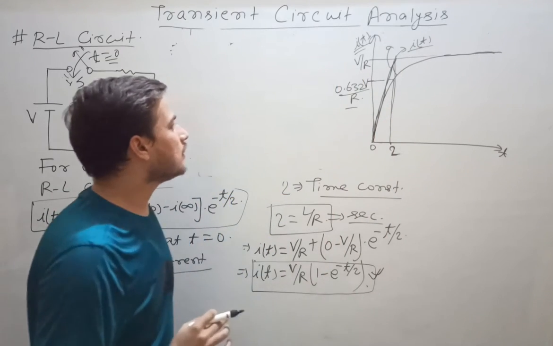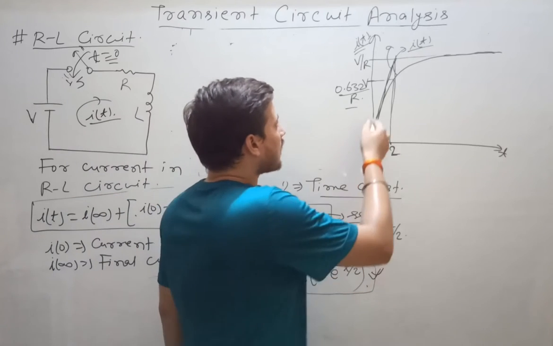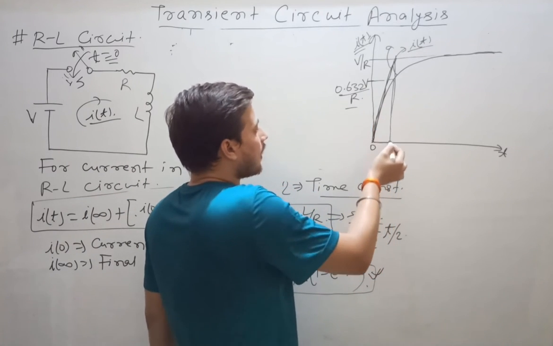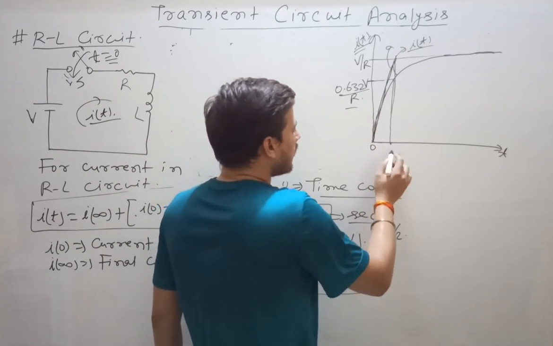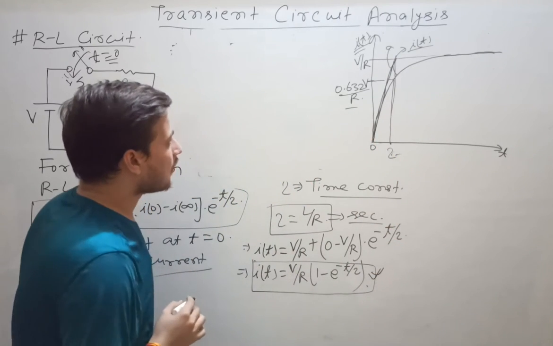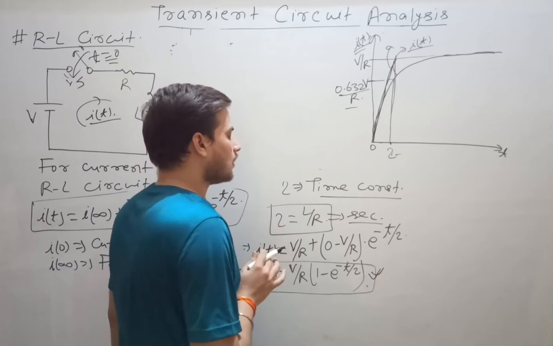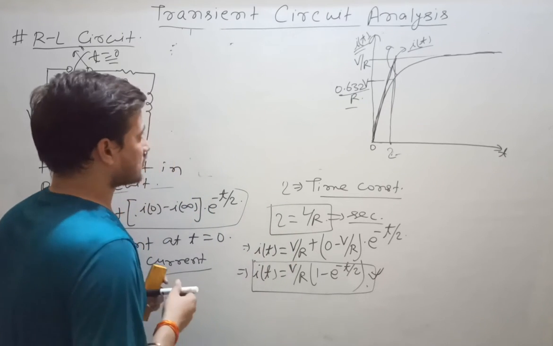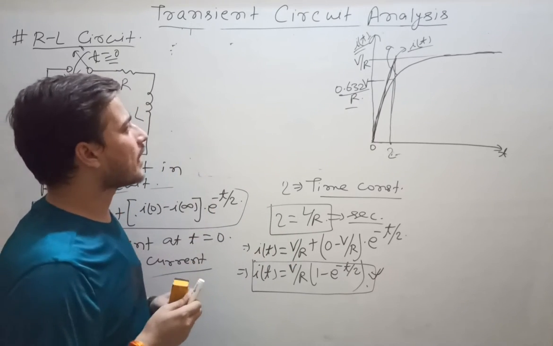If the graph was linear, then at time t equal to tau, the value would become V by R. Clear? So you understood what the time constant is. So this is the graph of I(t).